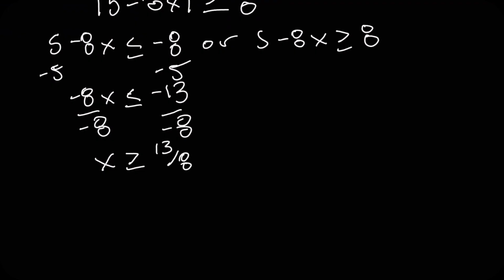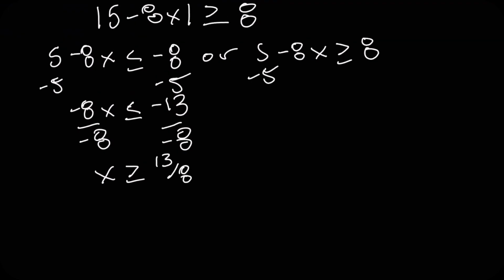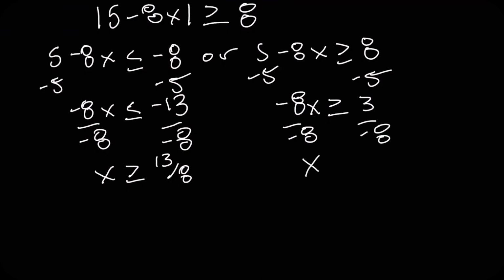And then our other equation, go ahead and subtract the 5. Subtract the 5. Negative 8x is greater than or equal to 3, divided by negative 8. Need to flip your signs because we're dividing by a negative, so x is less than or equal to negative 3/8.